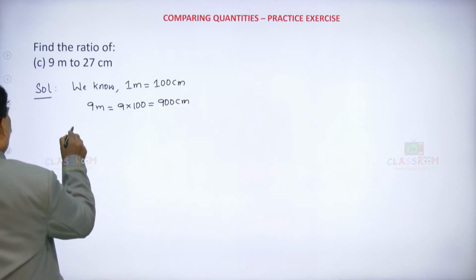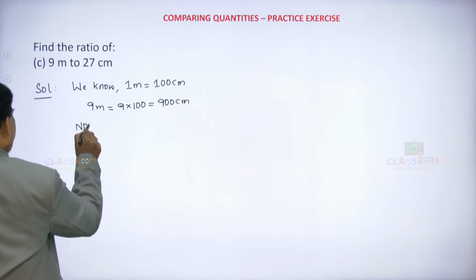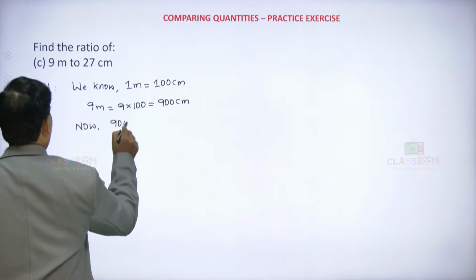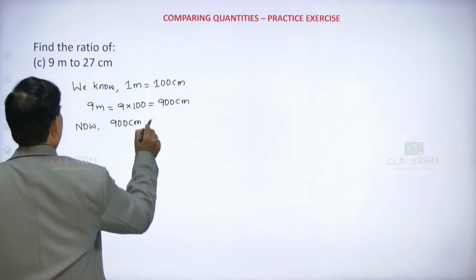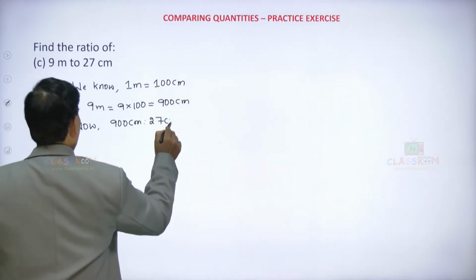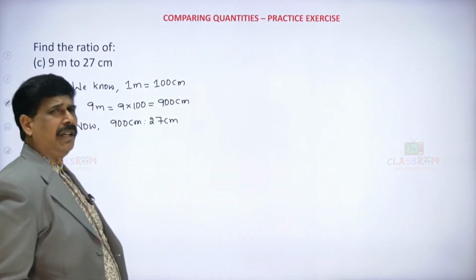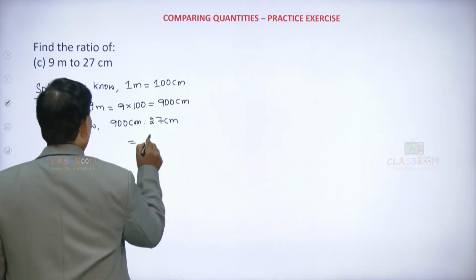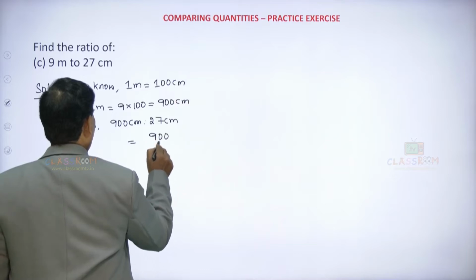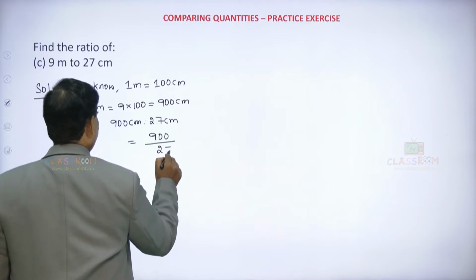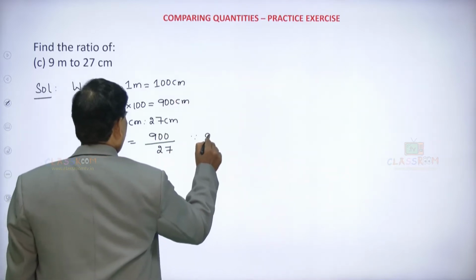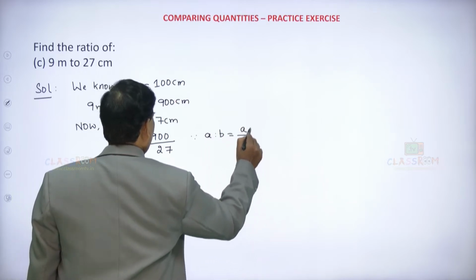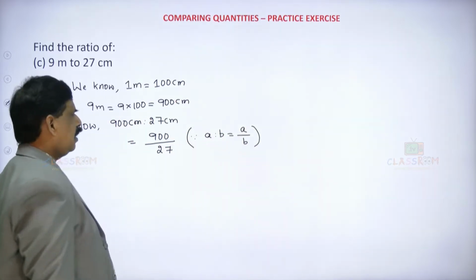So now 900 centimeters is to 27 centimeters. Now both of them are in same unit, so ignore the units here. So this we can write as 900 upon 27. Since A is to B, this can be written as A upon B. Clear?